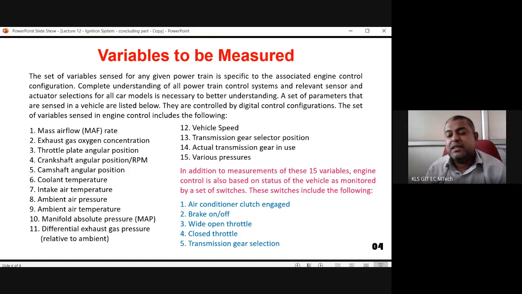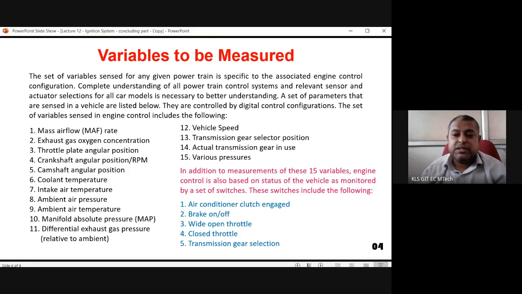And finally, transmission gear selection. The car being in which gear is very important. If we are climbing a steep slope, our vehicle should be in first or second gear. If you are going at very high speed, then higher gears, that is 4th, 5th, whatever, are used. So those are the things that determine performance.